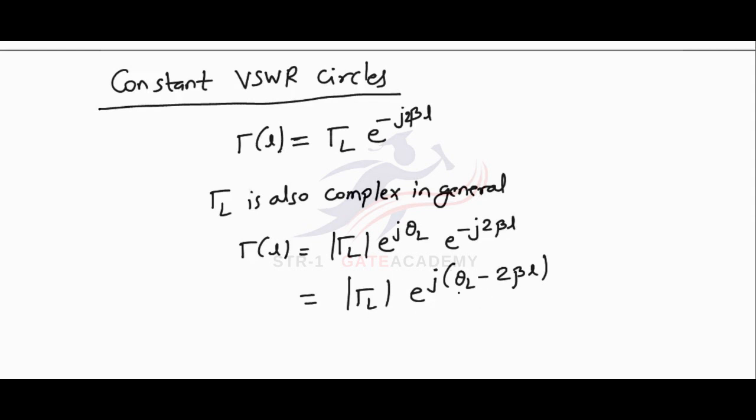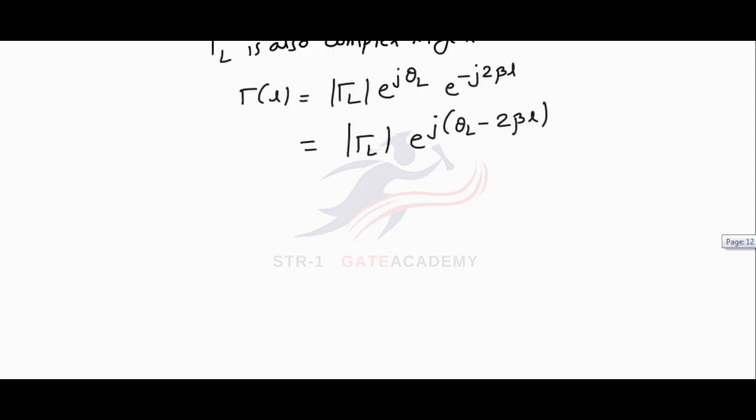This represents a circle. If we increase the value of L, then what will happen? This will become more negative. So this represents a circle.